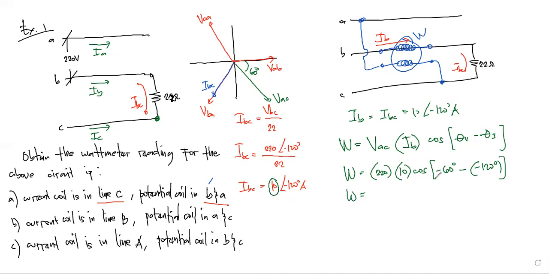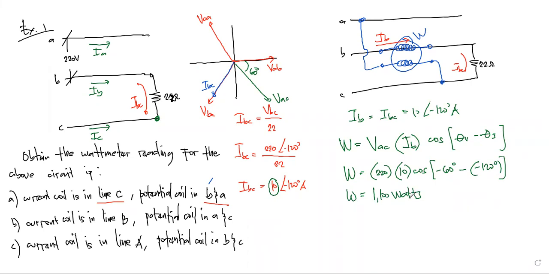So the reading would be 1,100 watts. So that's actually different from A.